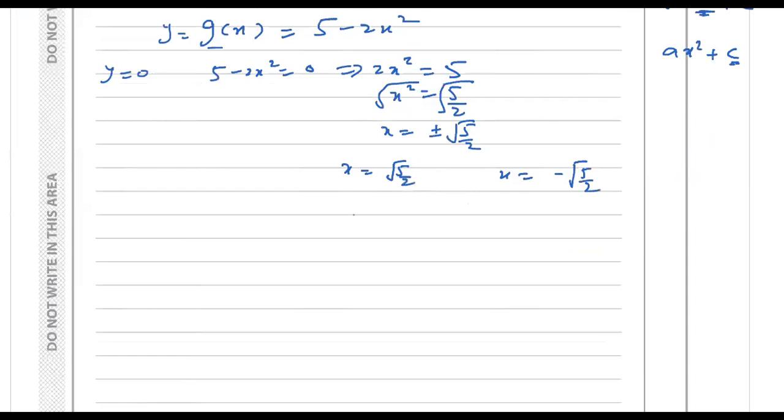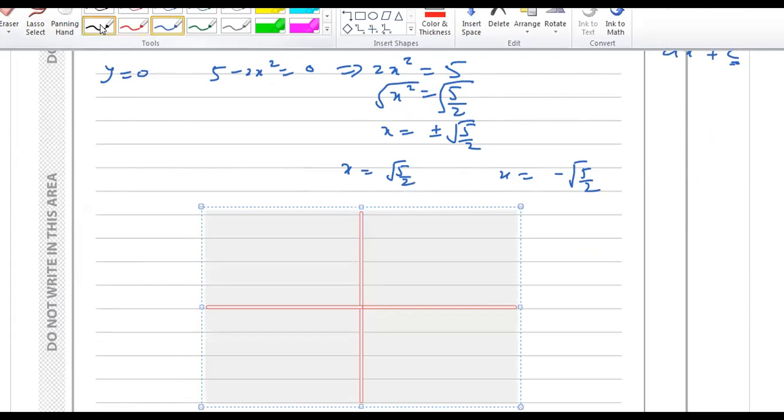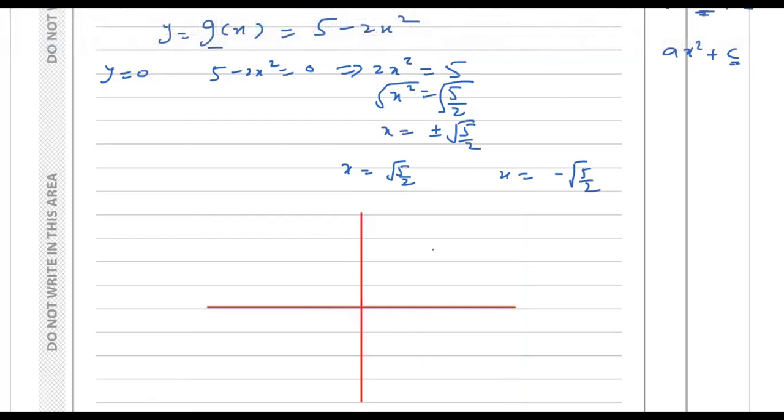For example, if I make my coordinate axis here, your x-intercept will be almost the negative value 1 point something. Let's say it is here. This is negative square root of 5 over 2, and the positive square root of 5 over 2 will be approximately here.